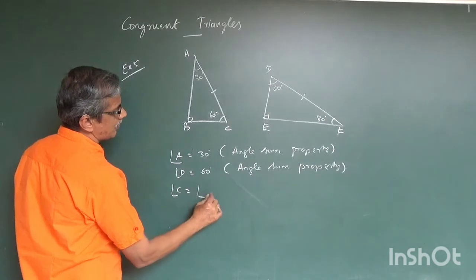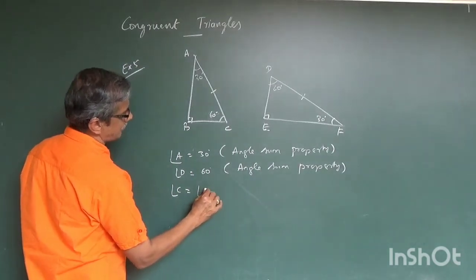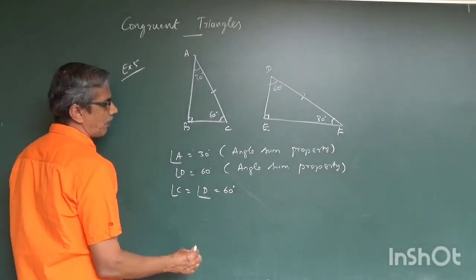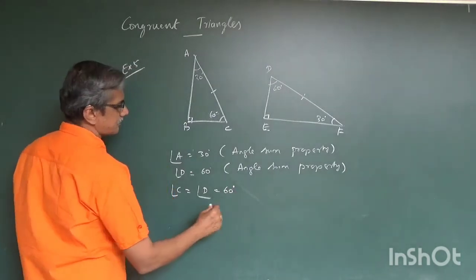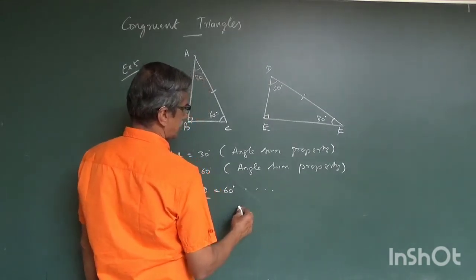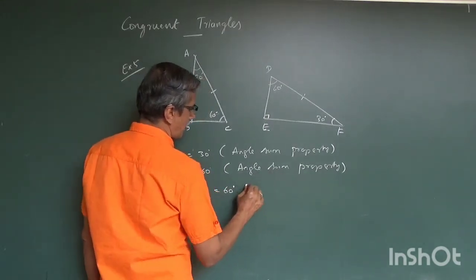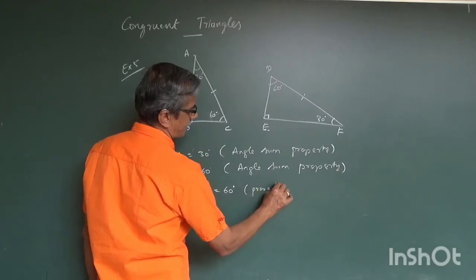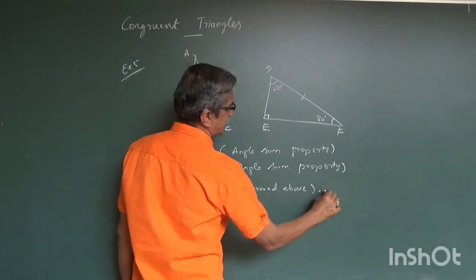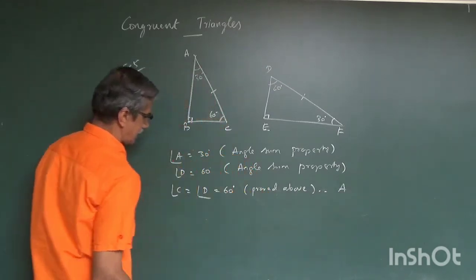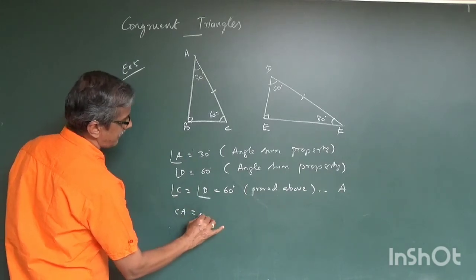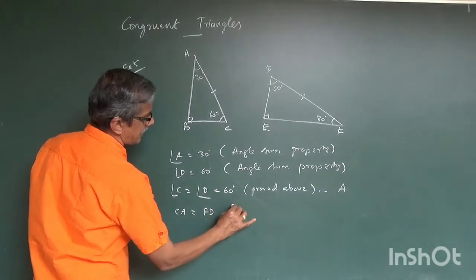Angle C is equal to angle D is equal to 60, proved above. This is angle, and then side CA is equal to FD.